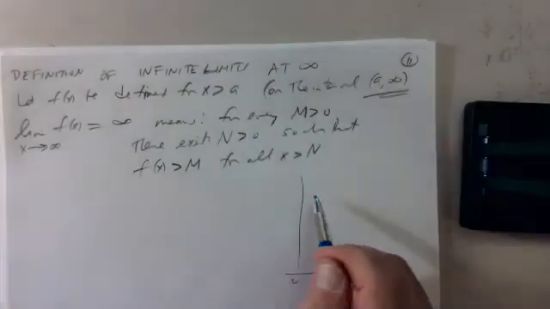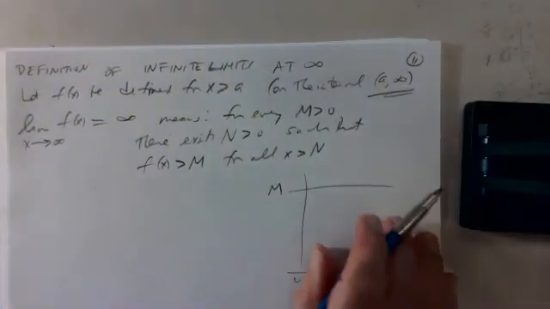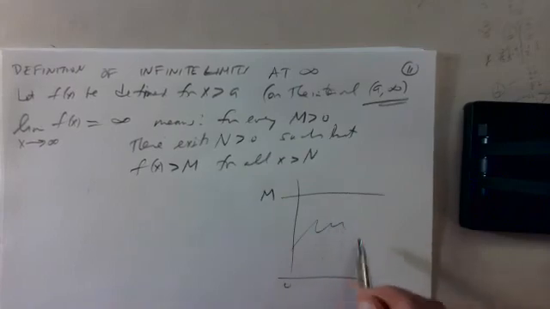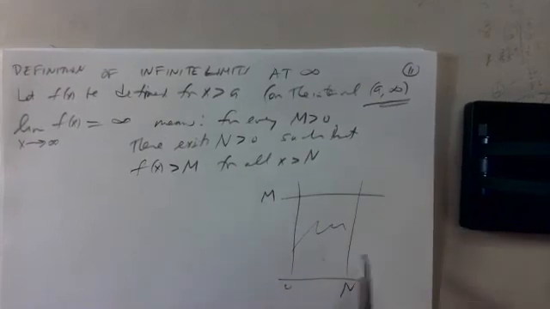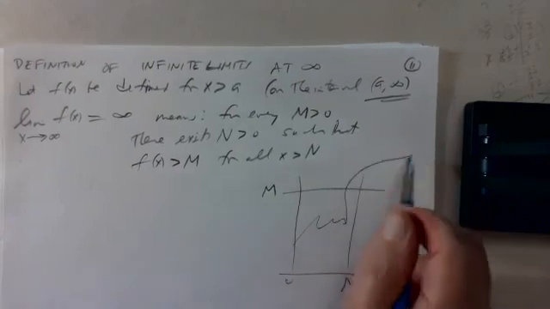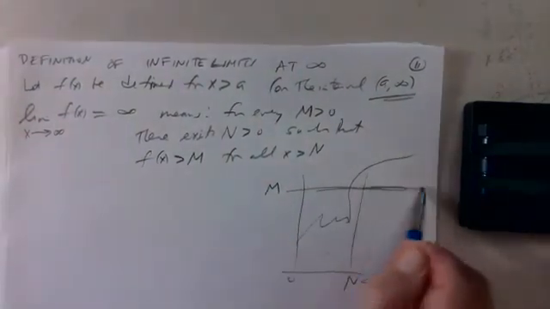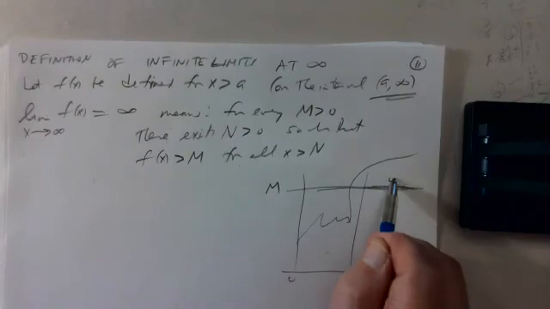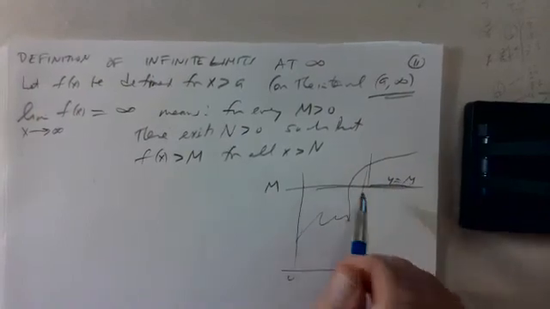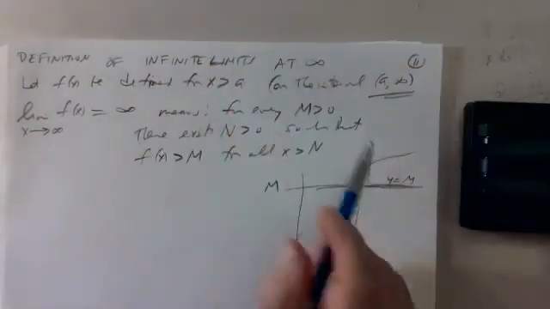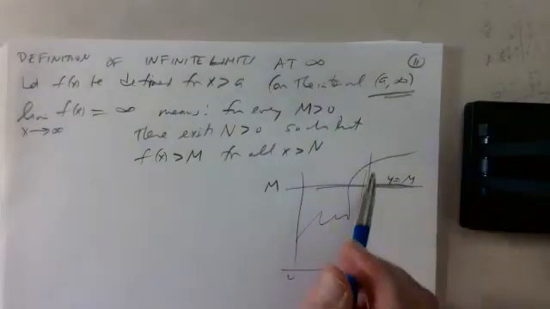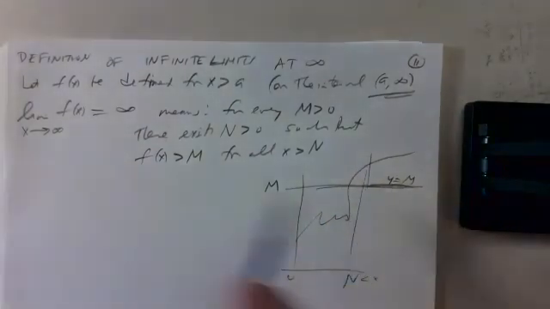So if I pick some big number m, whatever is the graph of my function, as soon as x is bigger than n, the graph of the function is always above m. No matter how high I make m go, from some point on, the graph of the function is always above that horizontal line.